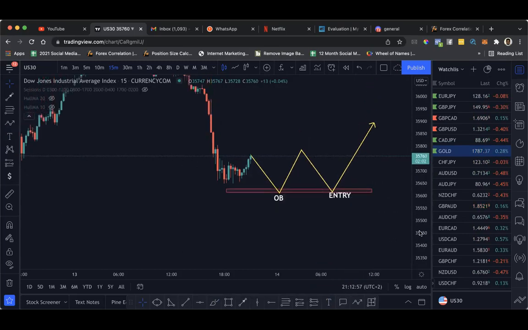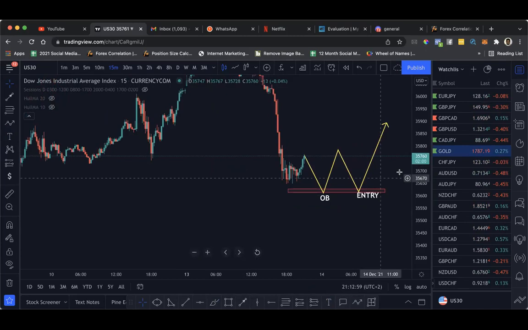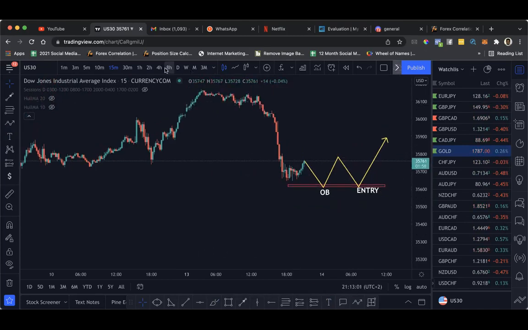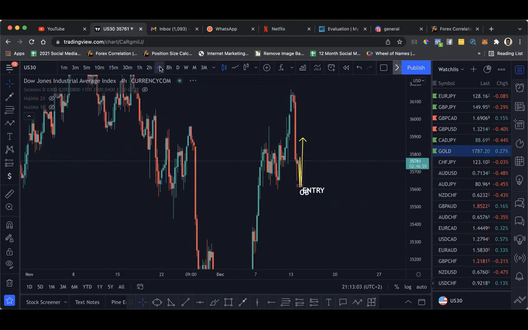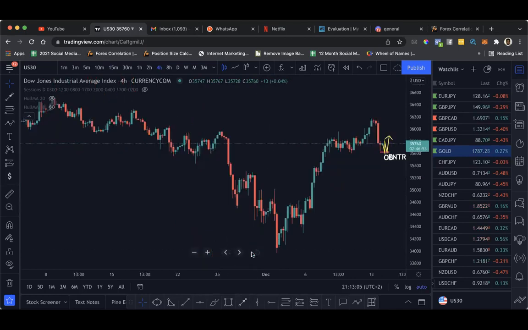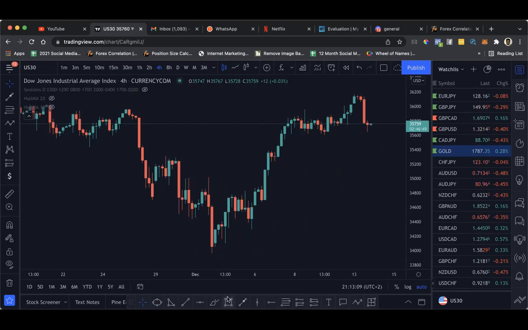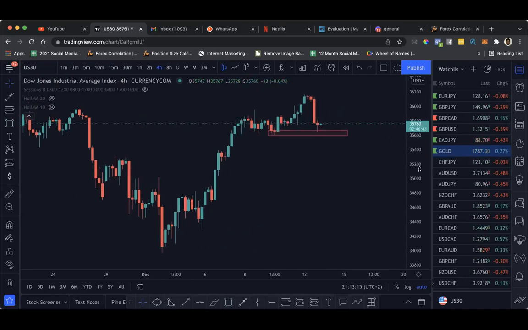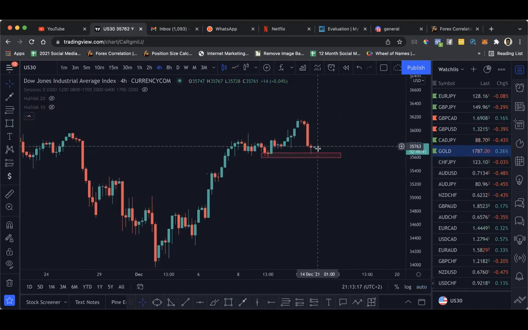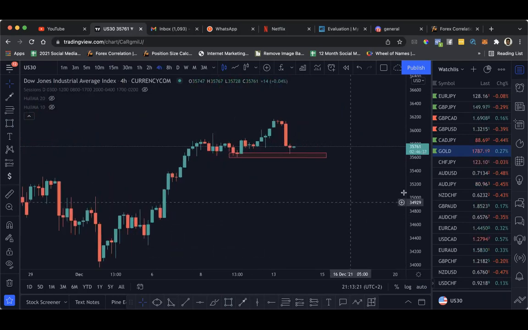But it is imminent that this particular pair is going to buy, because on the 4 hours you see that price is in a demand zone. It's demand here. But trust me, price will still come back down to take out this, because of people that see this now. Check it out, guys.